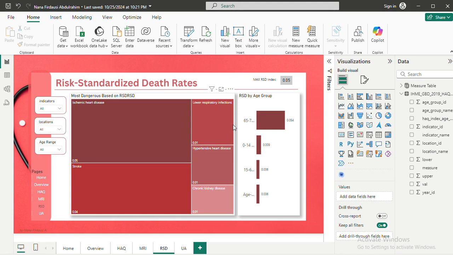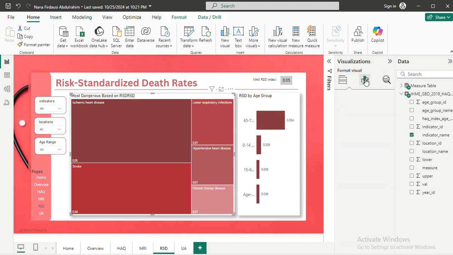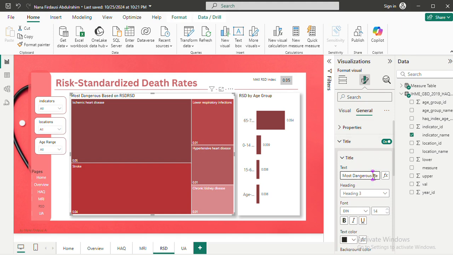So from here, we can see the most dangerous diseases based on the RSD. Okay, I think this is ranked under the RSD. Change the name. Yeah.